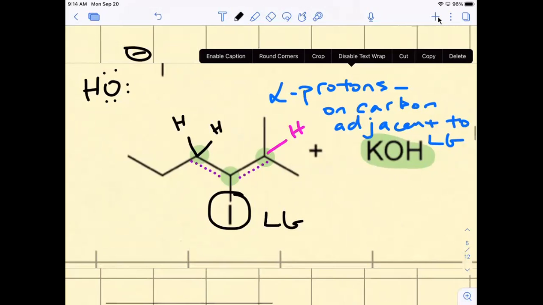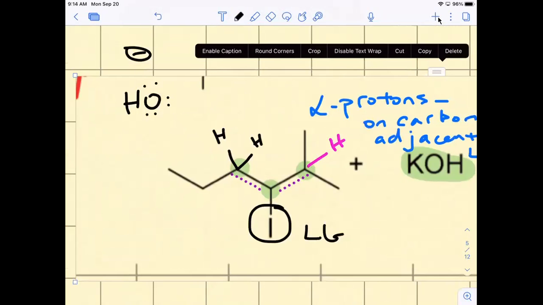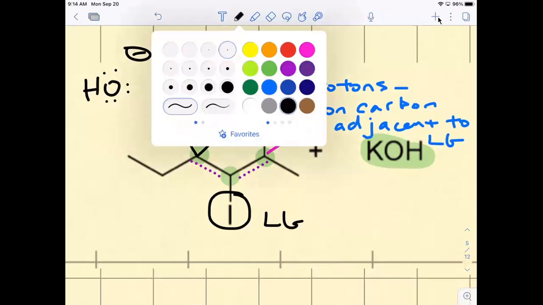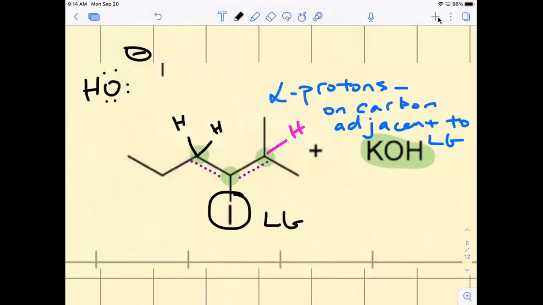It's going to come in and attack one of these protons. Sorry about that. I don't know why this app is tripping. It's going to attack here and do proton transfer.